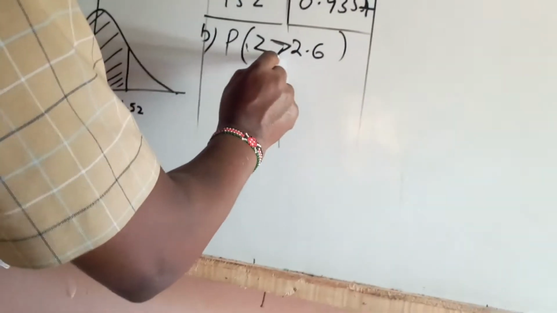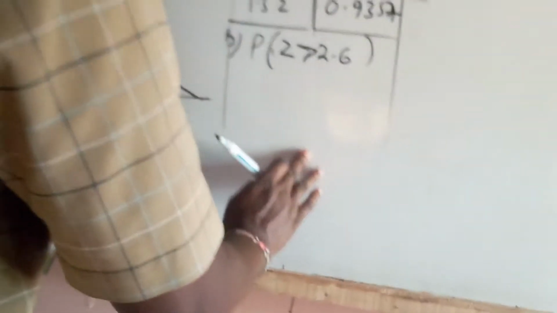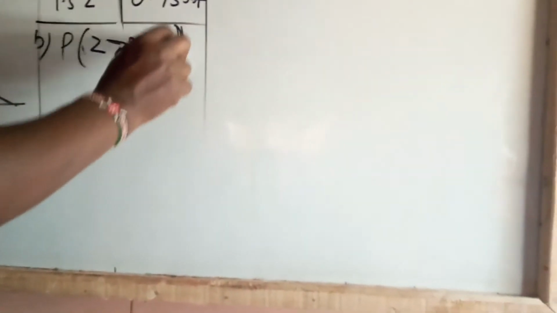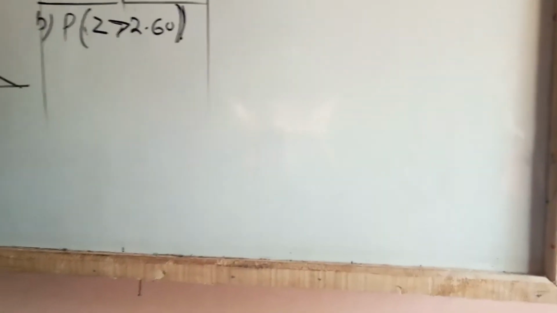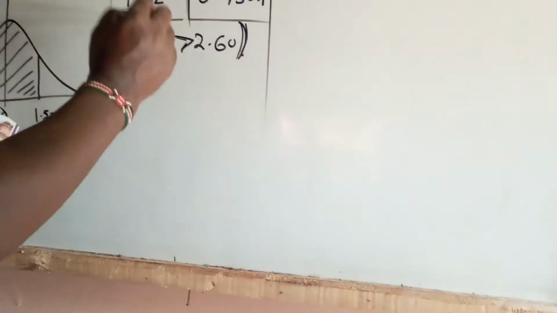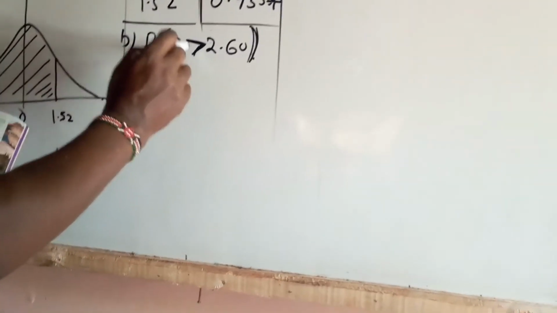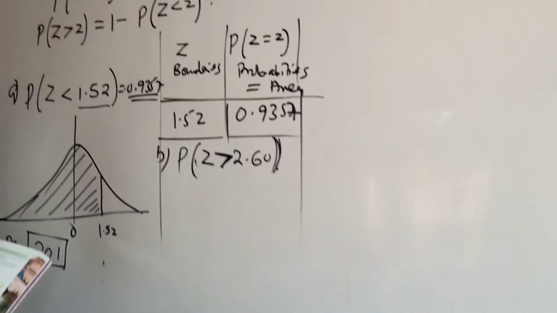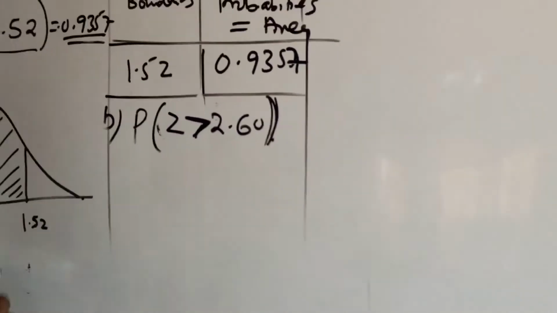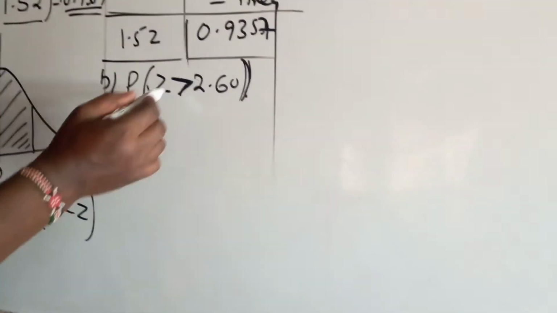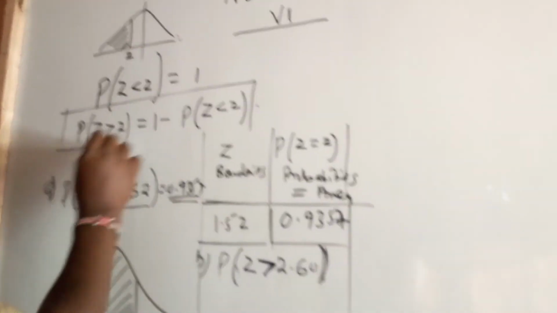Please note greater than 2.60. And yes, the table on page 201 does not show for the region of the values greater than. It only shows for the region of the values less than. So when we talk about greater than, then we must call upon what we have here.